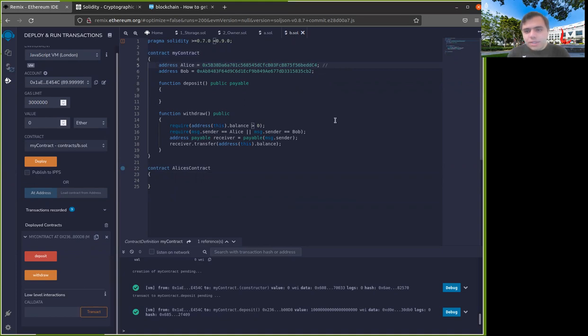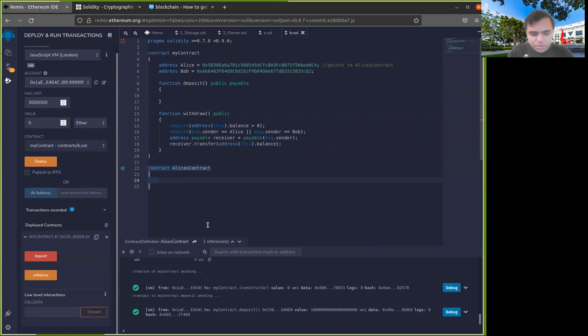But let's say the address that I have here actually points to this contract. Okay. So what that means is that I have this other contract, and this contract can call the withdraw function in my original contract.